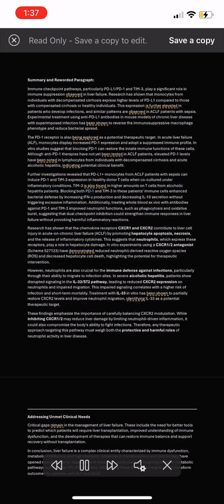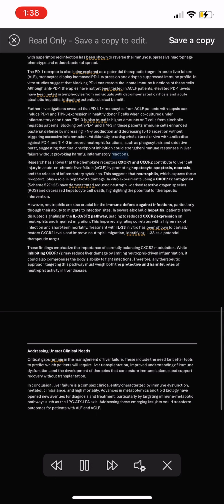Blocking both PD-1 and TIM3 in these patients' immune cells enhanced bacterial defense by increasing IFN production and decreasing IL-10 secretion without triggering excessive inflammation. Additionally, treating whole blood ex vivo with antibodies against PD-1 and TIM3 improved neutrophil functions, such as phagocytosis and oxidative burst, suggesting that dual checkpoint inhibition could strengthen immune responses in liver failure without provoking harmful inflammatory reactions.